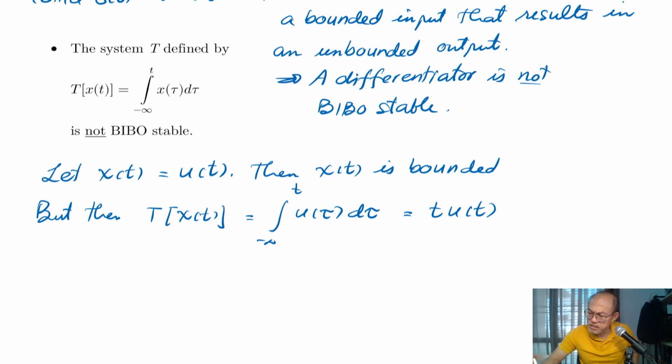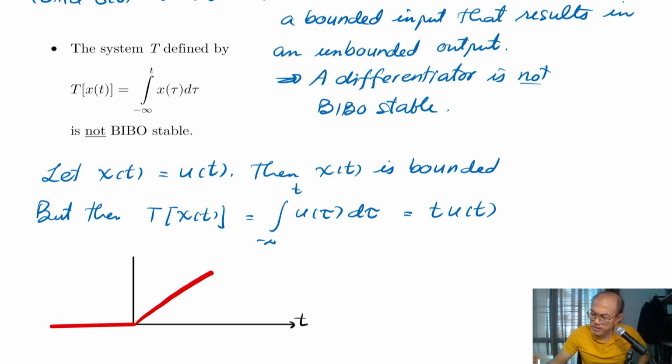See, this is t, right? This is a graph of the plot of t u(t), the red line here. It grows indefinitely. It doesn't decrease. It doesn't stay constant. It continues growing indefinitely, without any limit.